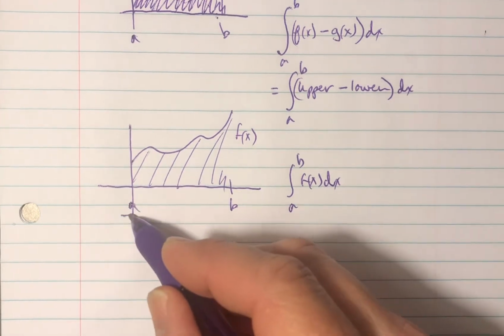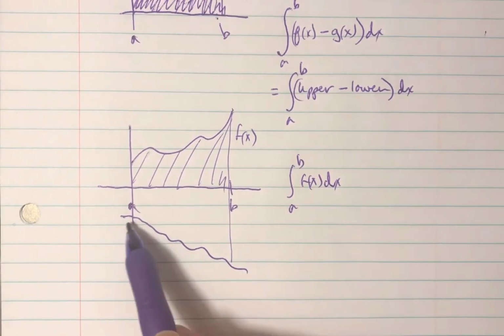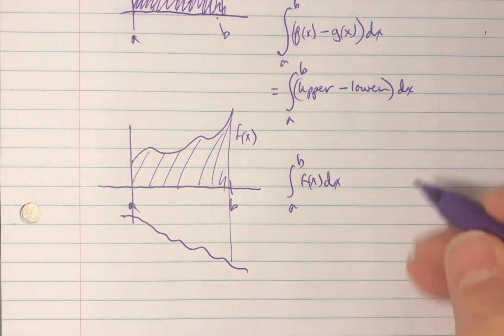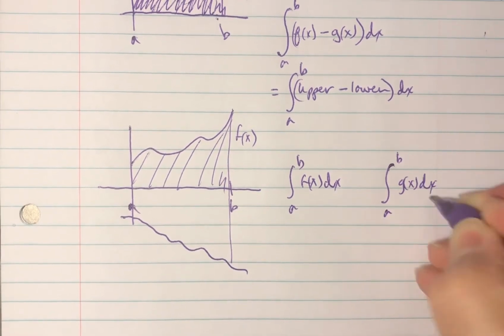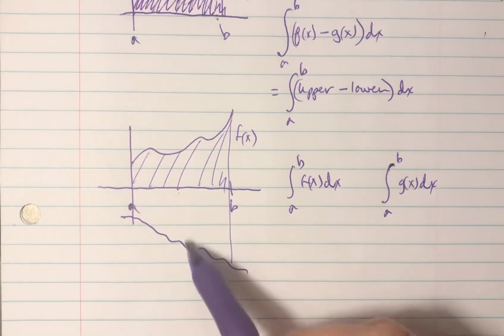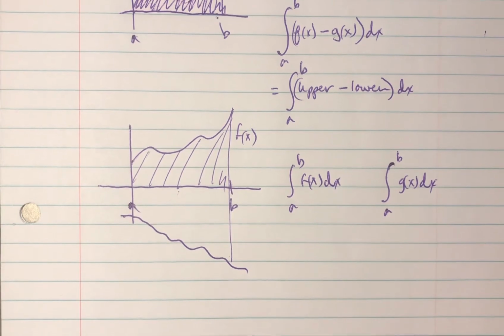And then suppose that g of x is taking on negative values here between a and b. Now, the integral from a to b of g of x dx, the area is always positive, but the value of the integral is negative.